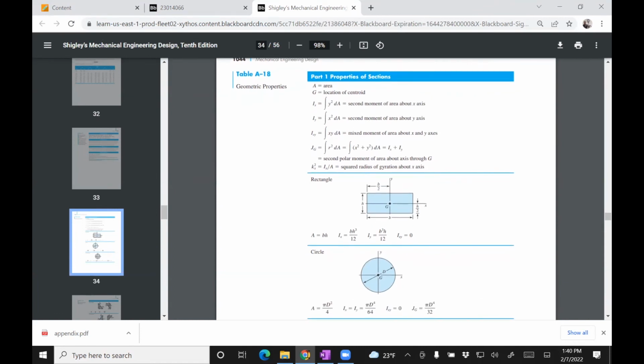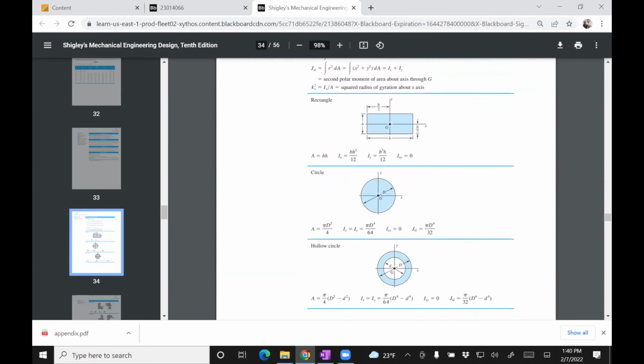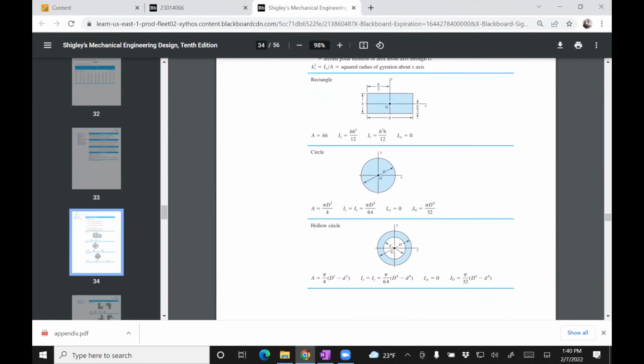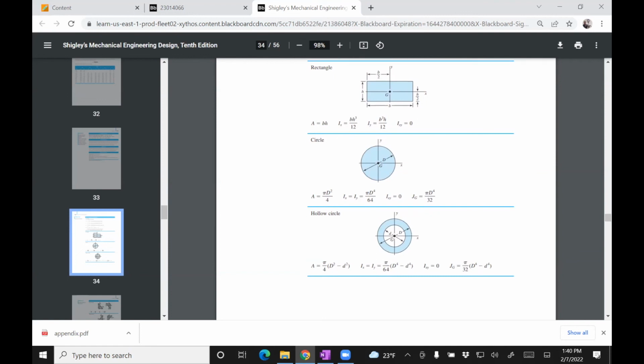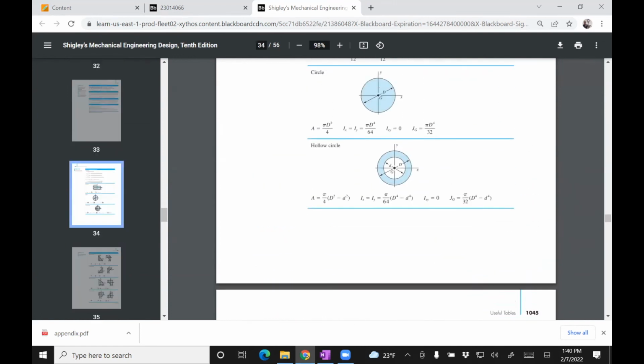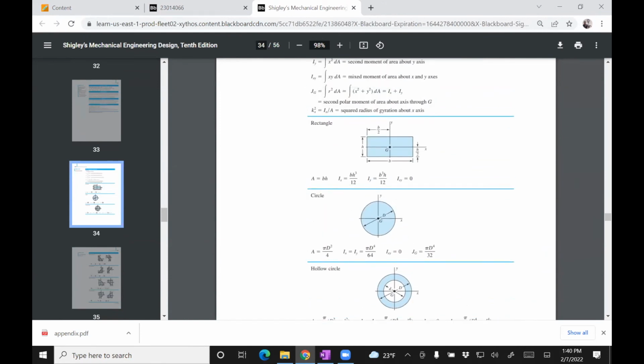Here is a rectangle, circle. It gives you Ix, Iy, and I, and Jg. J is the polar moment, I is the moment of inertia. I think this is the geometry we are after. Our axes are along the x-axis, so we are looking for Ix. It's BH cube divided by 12. You see that, BH cube divided by 12.